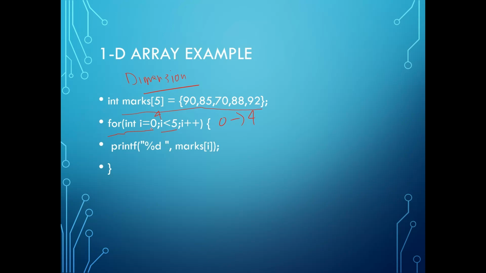Once 0 comes up under marks, it becomes marks[0], which has 90. Marks[1] has 85. Like that, if the index increments till 4, marks[4] would become 92, correct? So this is how you print it.